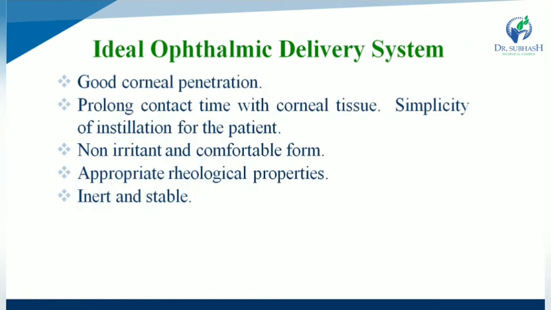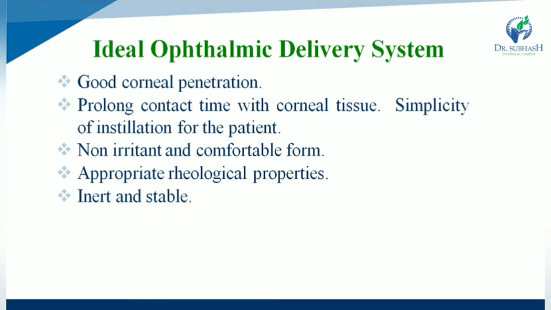Next, the ideal ophthalmic delivery system. How can you say that is the ideal dosage form? So ideal properties of any ophthalmic delivery system. First one, good corneal penetration. Second one, prolonged contact time with corneal tissue and simplicity of instillation for the patient.